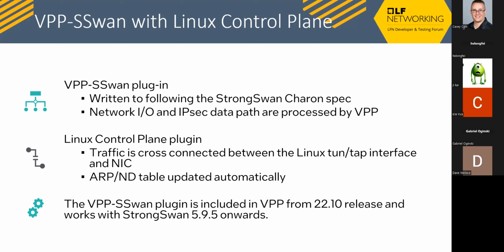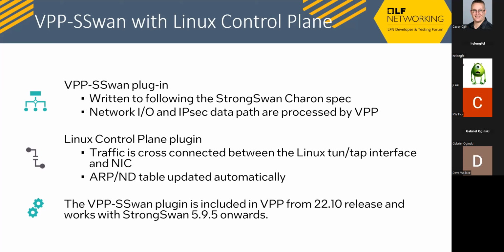It has great performance. VPP StrongSwan takes advantage of the highly optimized VPP I/O and IPsec stack. It means network I/O and IPsec data paths are processed by VPP. VPP StrongSwan expects VPP to take over the network I/O, while StrongSwan expects the control plane and the data paths, for example ESP packets, to be shared on the same IP address.